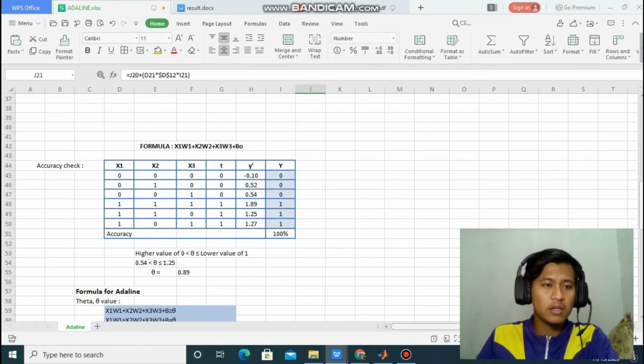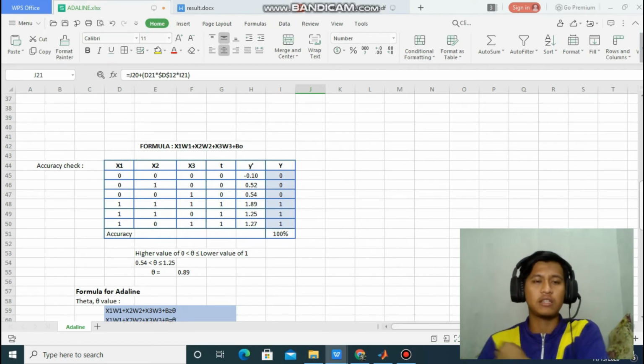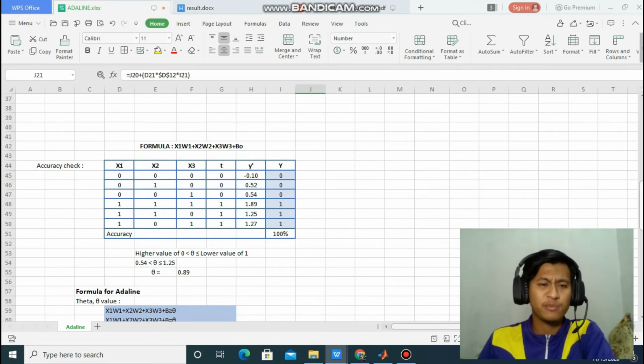Okay, for the accuracy checker, the formula that we use is x1 times W1 plus x2 times W2 plus x3 times W3 plus the bias.